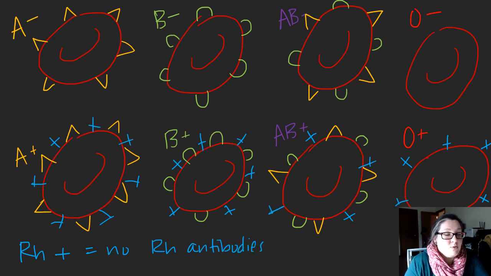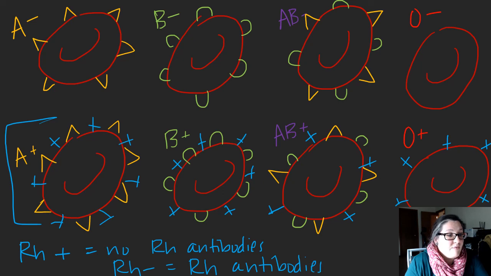We don't want anything to clump to any of these together in the positives. If you're Rh negative, however, you make Rh antibodies that will prevent you from receiving Rh positive blood.